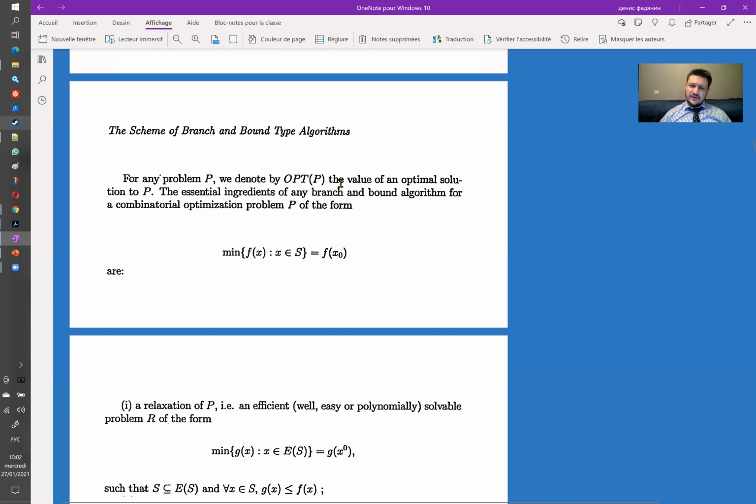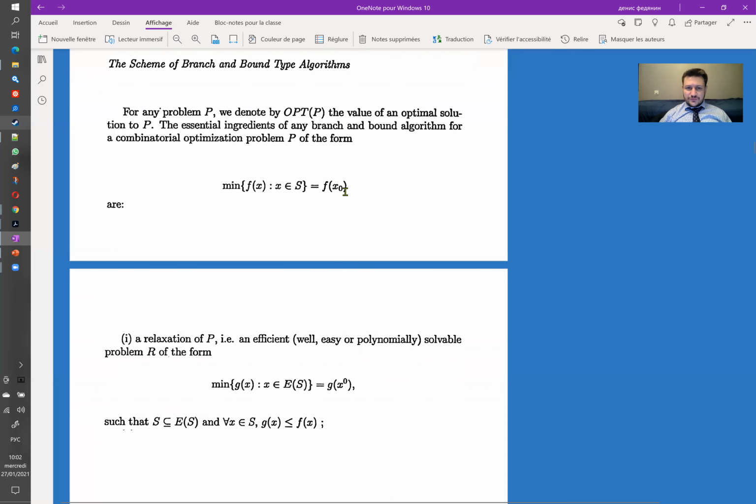It is the value of the optimal solution to P. So it's the solution of this problem, indeed. And we are going to find such x, x0, that the value of this function f is the minimum here.